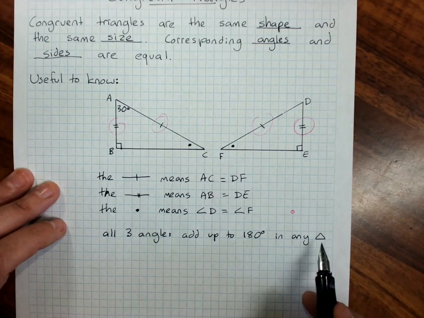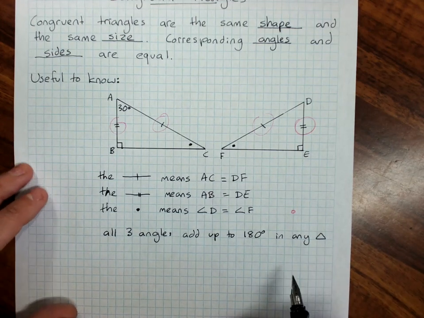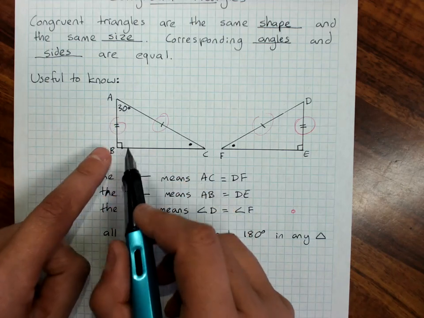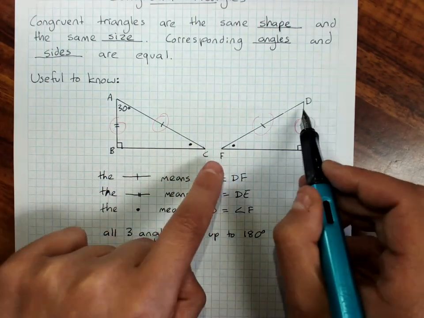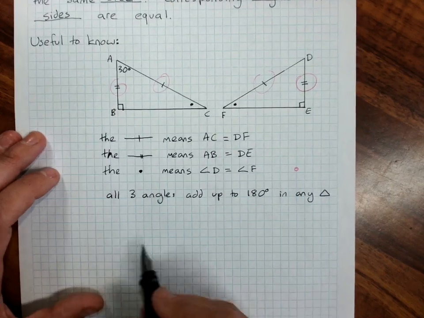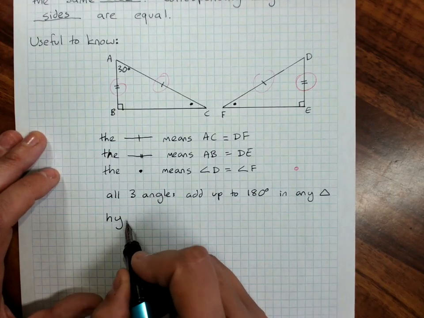Notice how we can use triangle now as a little symbol to mean triangle? It's quicker. So that's an important piece of information. If I know that's 30 and I know those two are the same, I know that would be 30 as well. Now there's a new word I need to teach you, and that new word is hypotenuse.